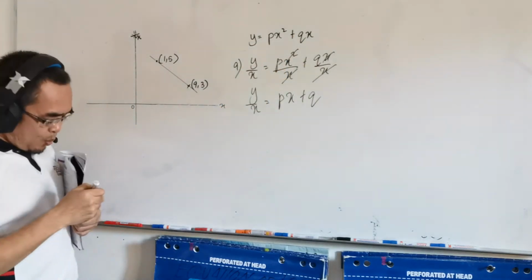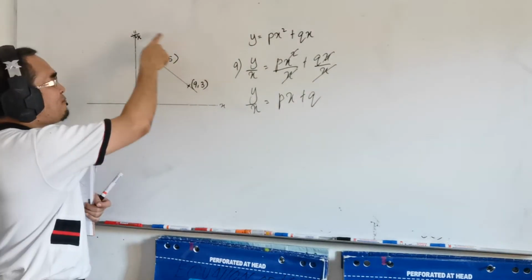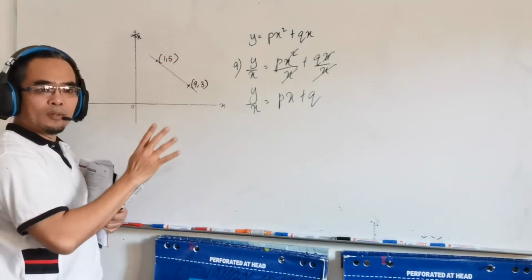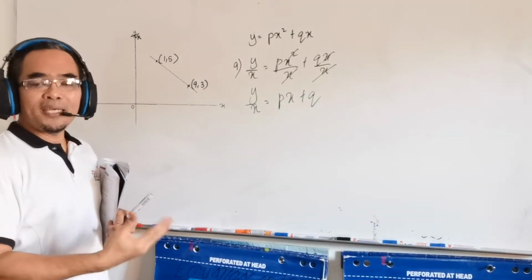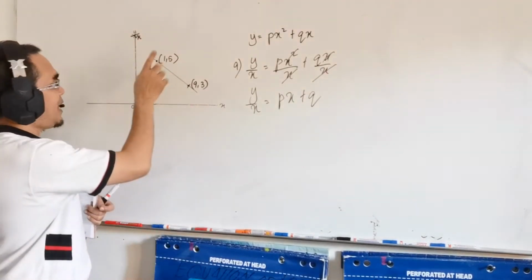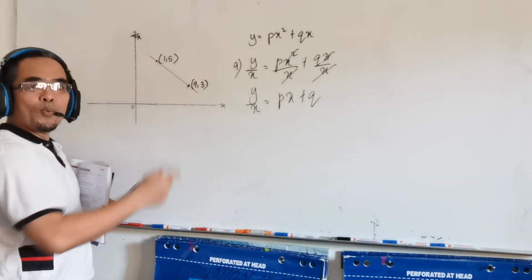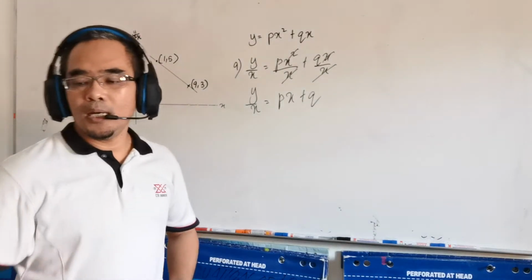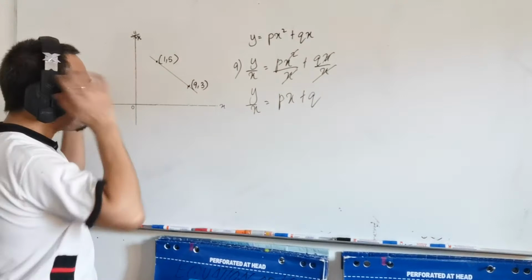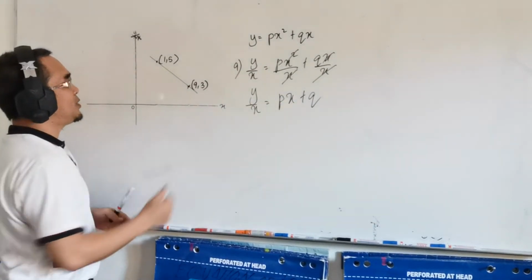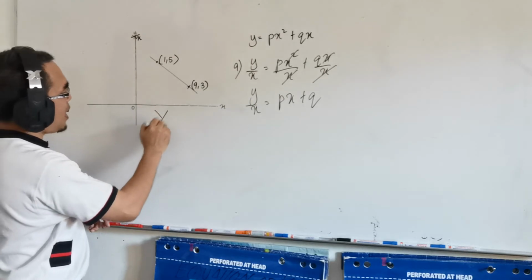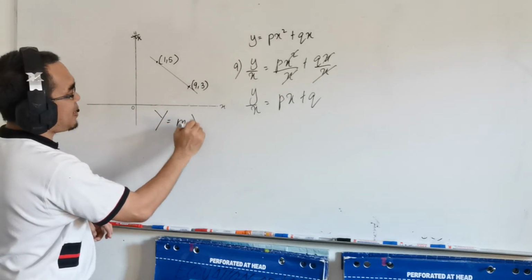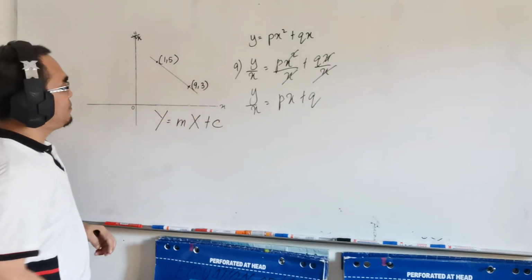What we can do is find the same equation but from different information. From this straight line we can find another equation comparable to this one. So in this case, you can write y equals mx plus c.